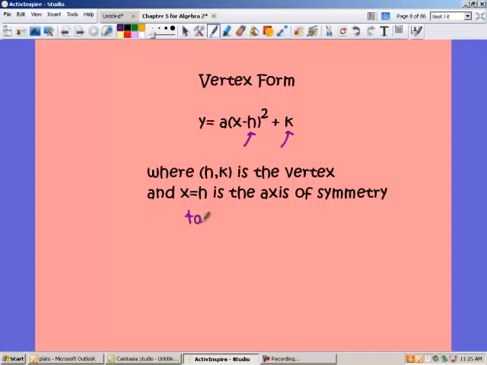Take the opposite of h, k will be the same. So let's say that h was negative 2, you would say that h is really positive 2. And this h is also your axis of symmetry.